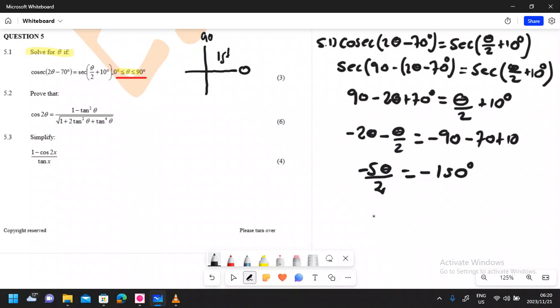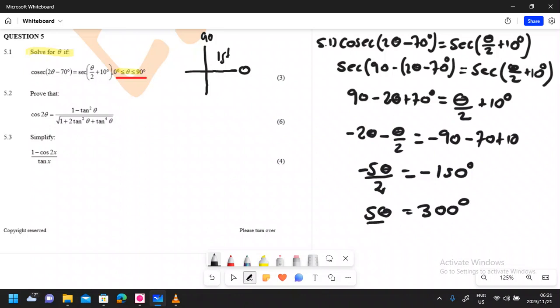Remember, these are just angles. Now you cross multiply. Let's cross multiply with negative 2. If you cross multiply, you multiply by here negative 2 and you multiply by 1 there. Okay, that's what cross multiply is. That is we're gonna be left with 5 theta, and this is gonna be 300 degrees.